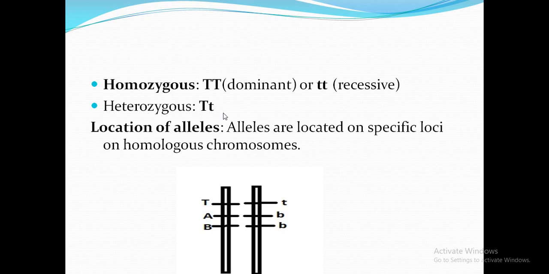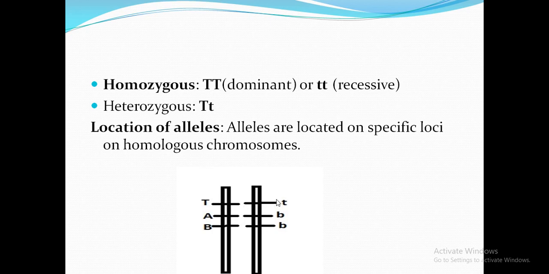Now the question arises, where are alleles located? Well, alleles are located on specific loci. Here you can see there are specific points on the homologous chromosomes where you will find the alleles. So alleles are located on specific loci of the homologous chromosomes.